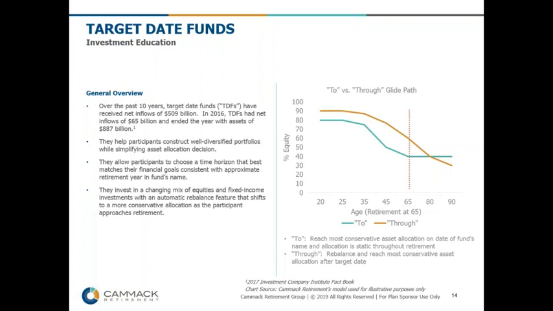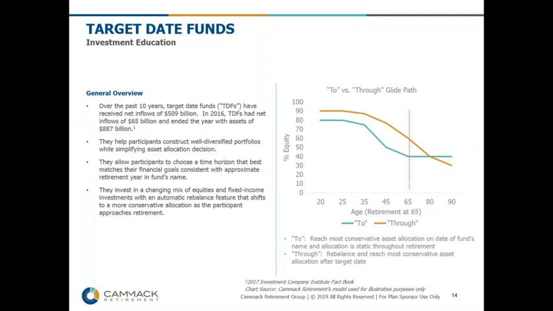Initially, the green line starts out at about 80% equities and 20% fixed when somebody's younger. Then somewhere around age 40, they start selling off equities and converting to fixed accounts. When you get out to retirement at age 65, it's going to even out at around 40% in equities, and the rest is in fixed. And so that is to retirement.